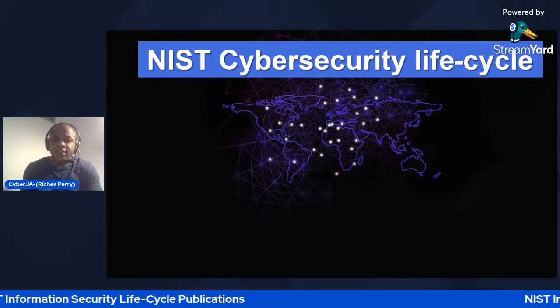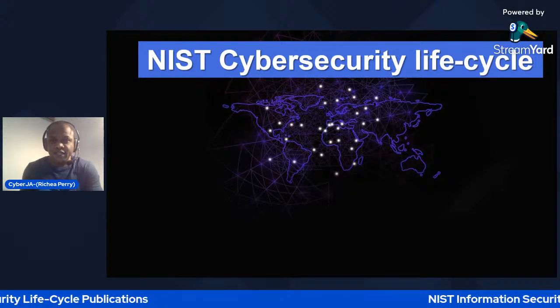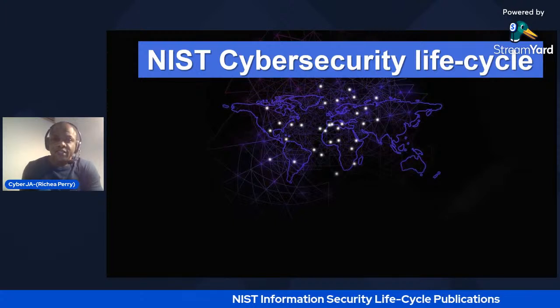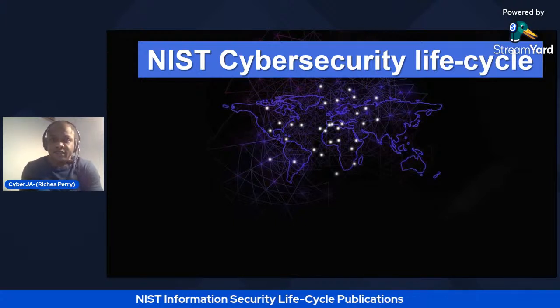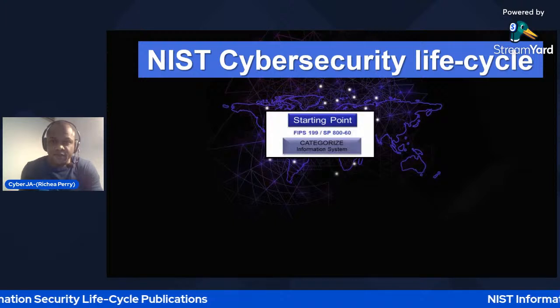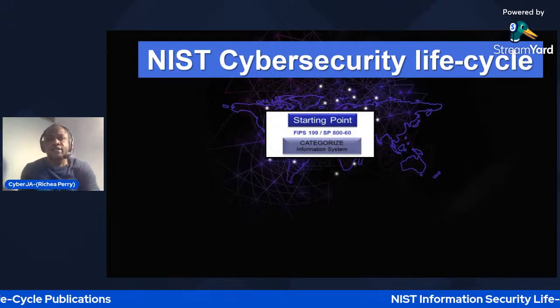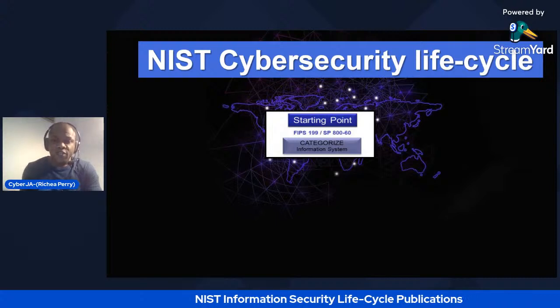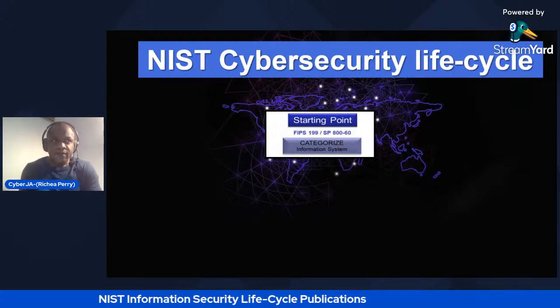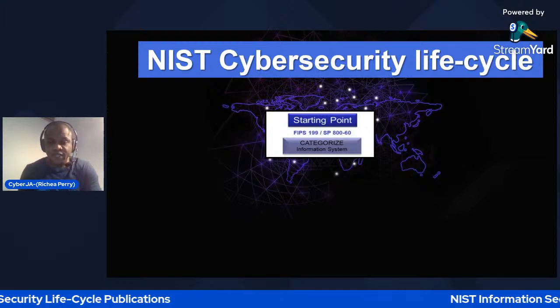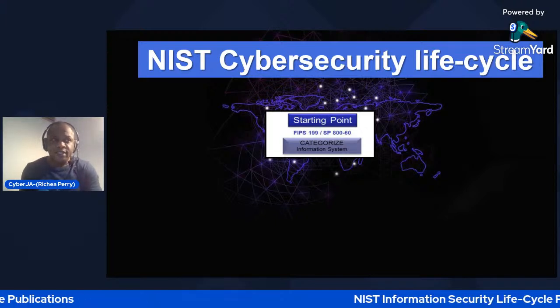Now, let us look at the information security lifecycle as guided or presented by the various publications developed by NIST, right? So the first thing that you want to look at is your starting point. Where do you start? What's the first document that you look at, right? So we are looking at the NIST publication SP 800-60, right?